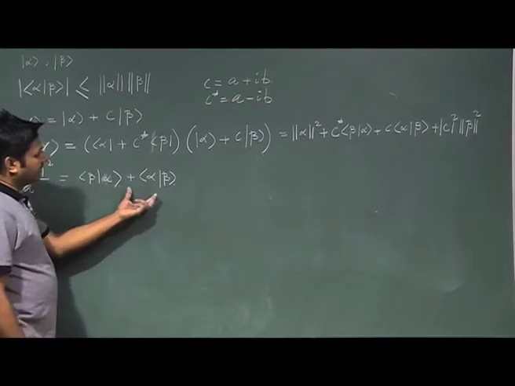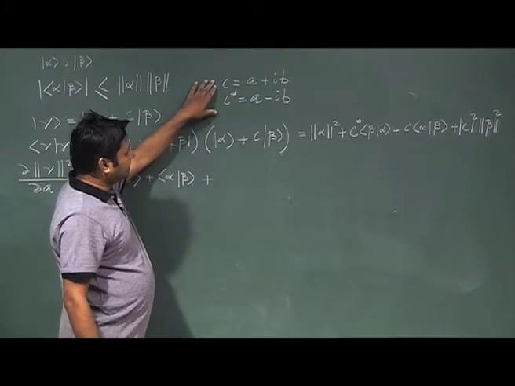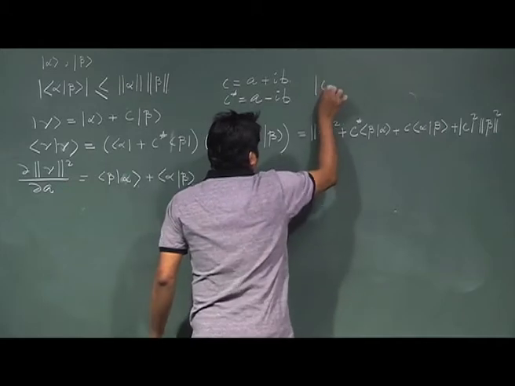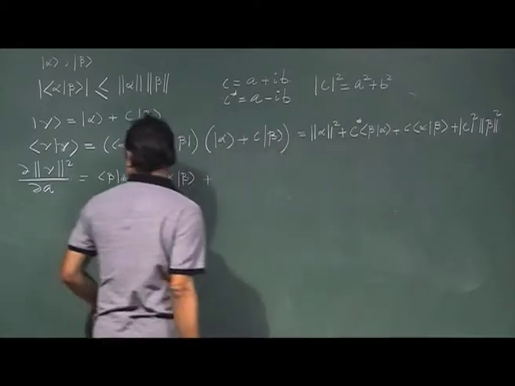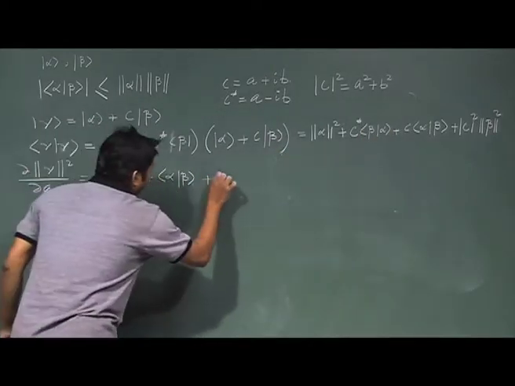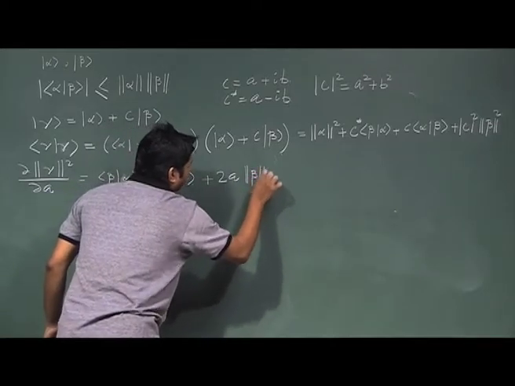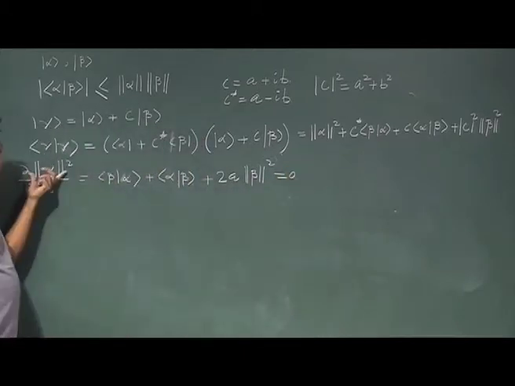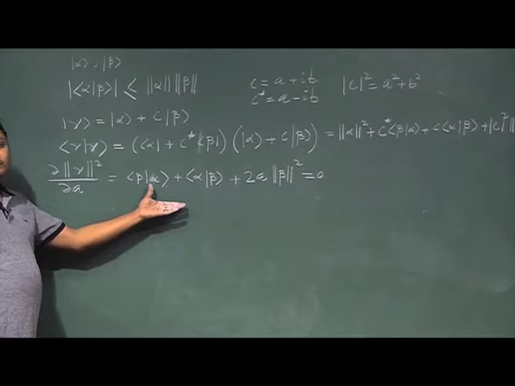Then mod of c square means this multiplied by this, so it is essentially a square plus b square. When I take the derivative with respect to this, I will have 2a times norm beta square. Now I say this is 0, because for this term to be a minimum, the derivative over a has to be 0.